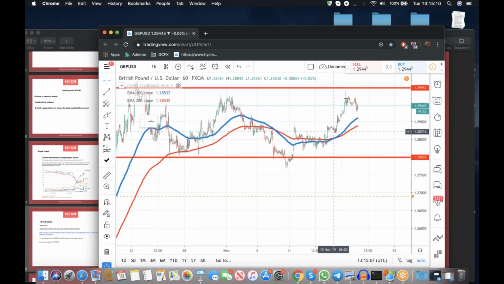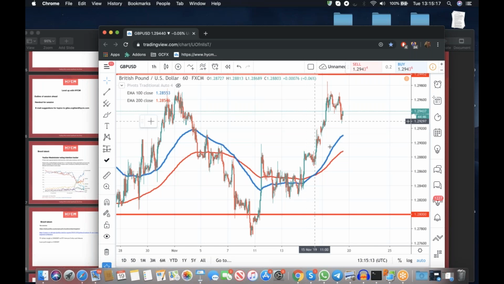So we're sort of stuck in a range at the moment with the pound. That is the poll and the TV election tonight is going to be key. So for all you pound traders out there, 8 o'clock tonight will be key, and 9 o'clock tonight. So keep your eyes peeled and focused for the pound this evening.